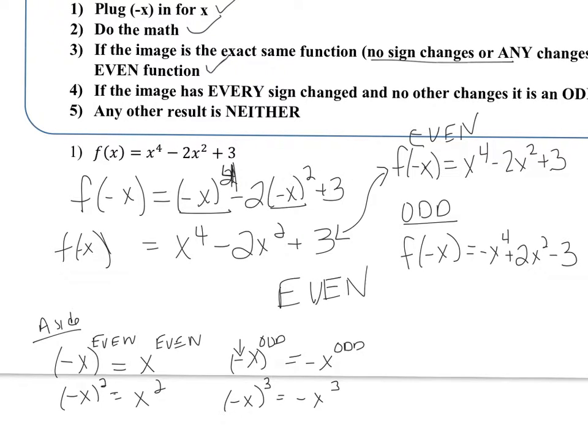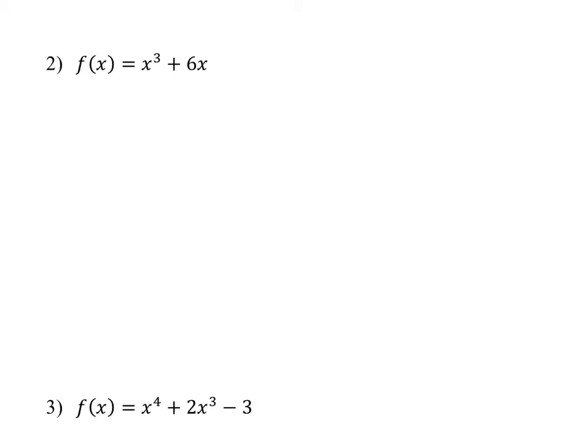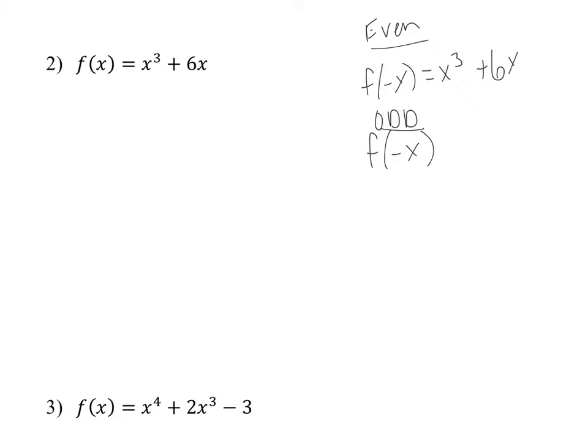This one here, same process. If it was even, when I plug in f of negative x, I would get the exact same thing out. If I plug in f of negative x and all the signs change, so if I get negative x cubed minus 6x, then it is odd.